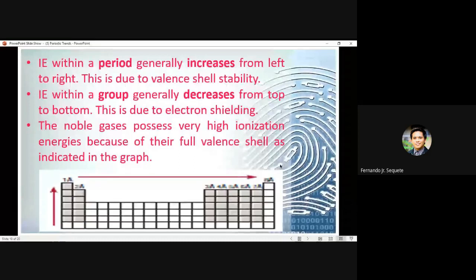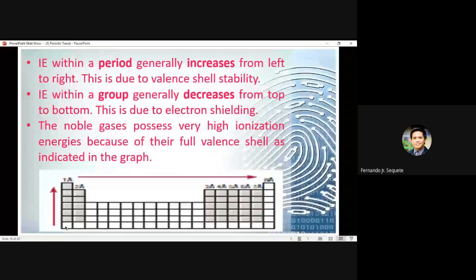IE within a group, the top to bottom, decreases from top to bottom. Dito naman, alam natin sa atomic size natin kanina, that top to bottom, nag-increase ang atomic size. Therefore then, since nag-increase ang atomic size, baliktad po pag abot diri sa imuhang ionization energy.